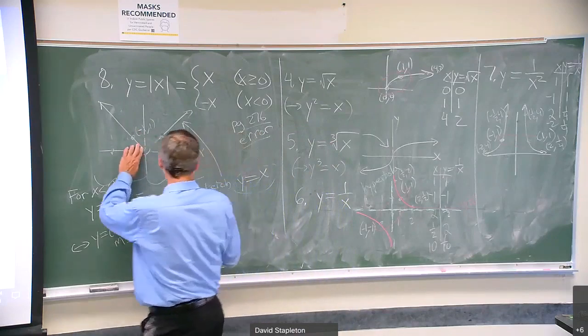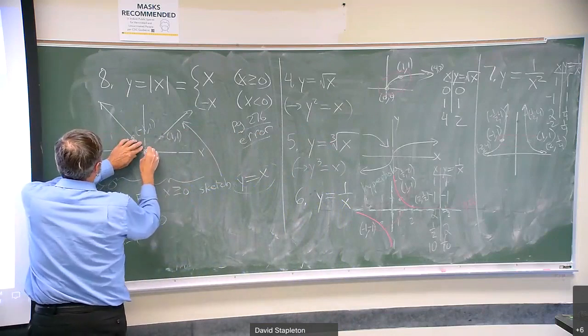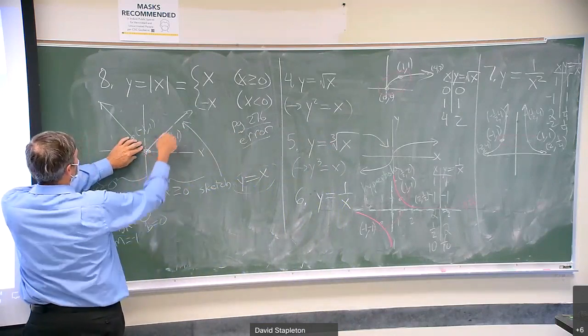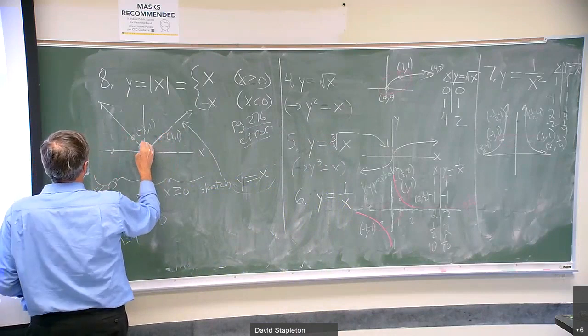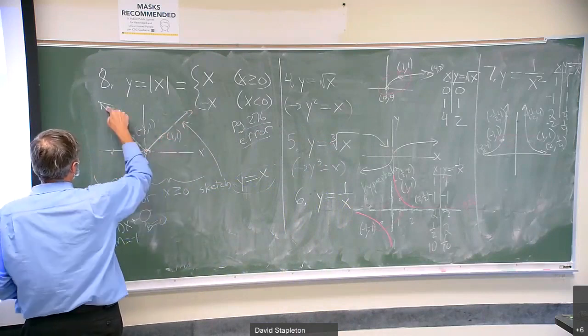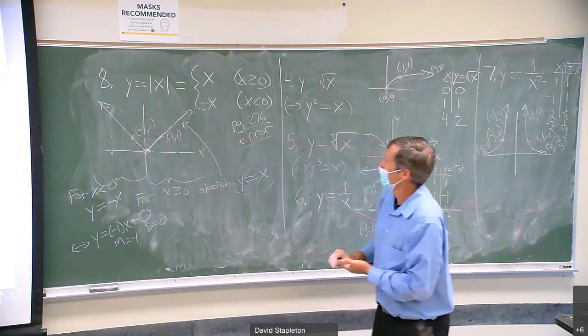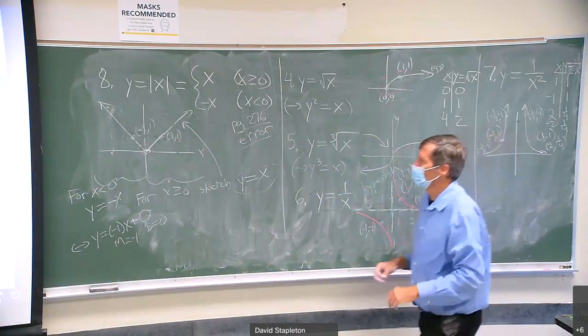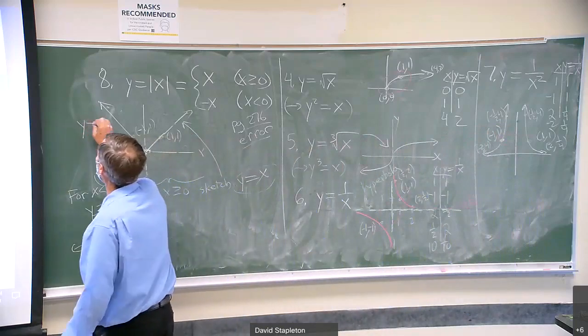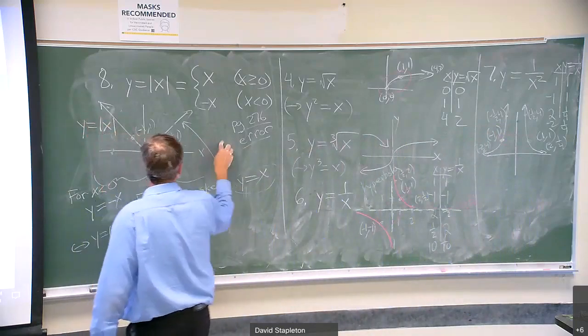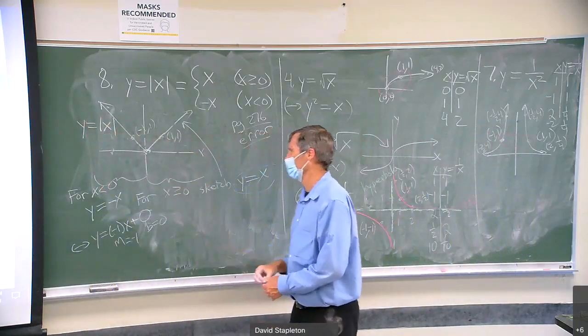This one we do include the endpoint because it includes x equals 0. We plot it like this and call it a closed ray. But you don't need to know that for the test. Between the closed ray and the open ray, we plot this V shape. That's the absolute value function, y equals absolute value of x. Like I said, this one's plotted wrong in the book.